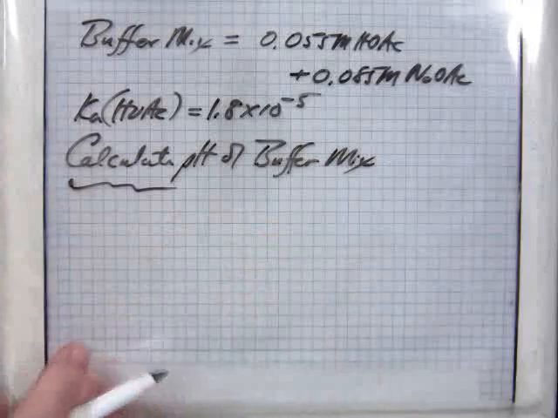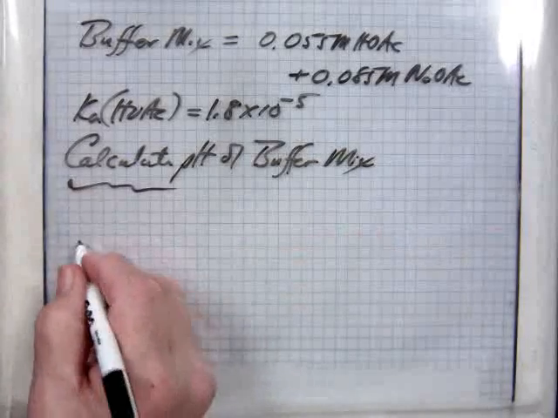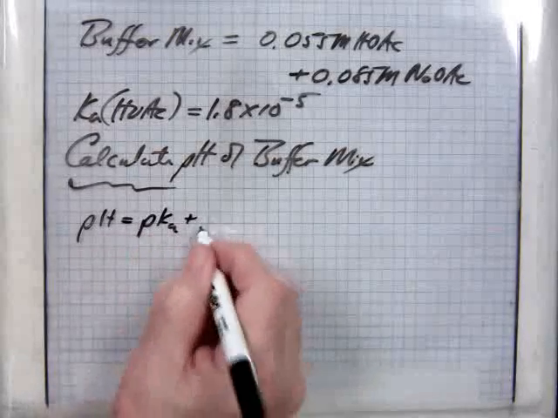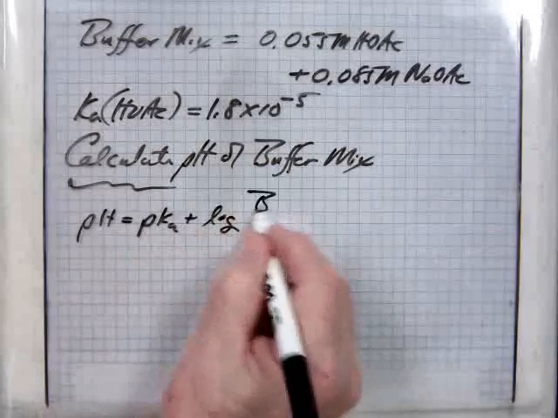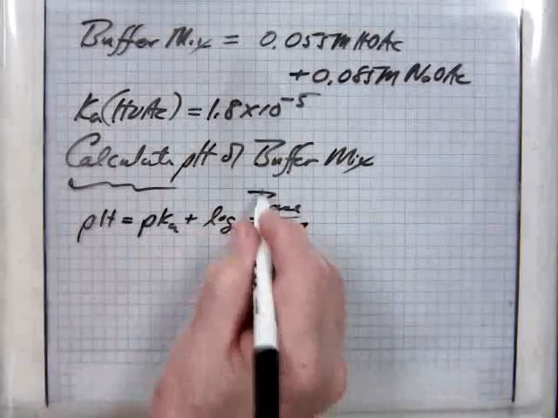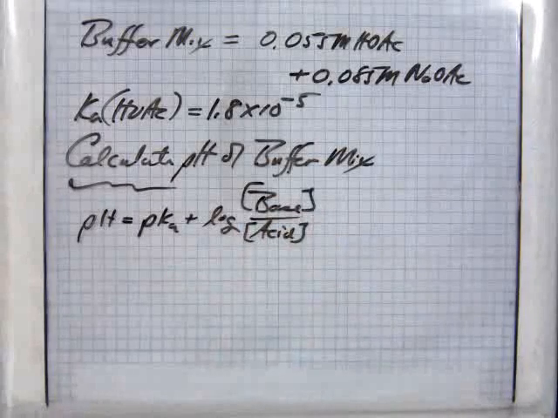Okay, so what's the pH of the buffer mix? Well, you use the Henderson-Hasselbalch equation. And so it's just a matter of taking the data and plugging it into this.